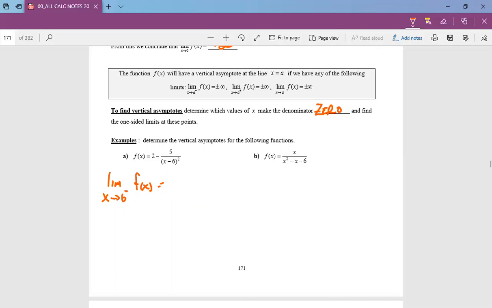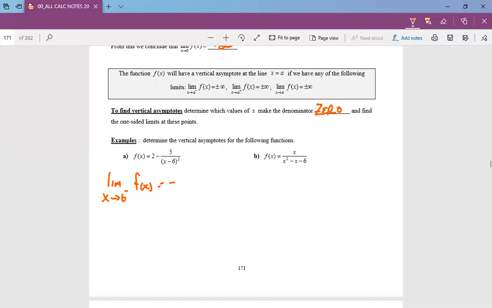When we subtract 6, we get a very, very small number, but it ends up being negative. But once we square it, it doesn't matter that it was negative. Either way, when you square it, it's going to be a positive amount. So we have 2 minus 5 over this tiny, tiny number. This 5 over (x minus 6) squared is going to go to positive infinity, and because it's subtracting, this is going to negative infinity.